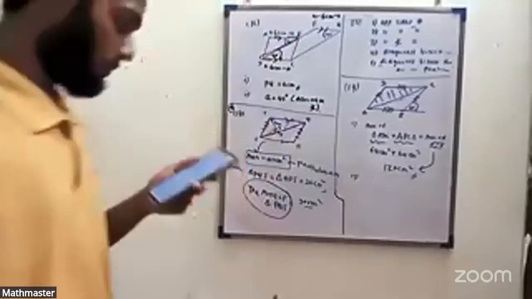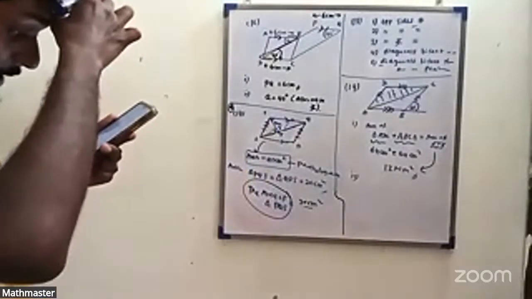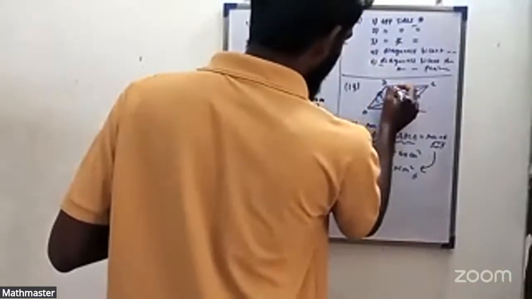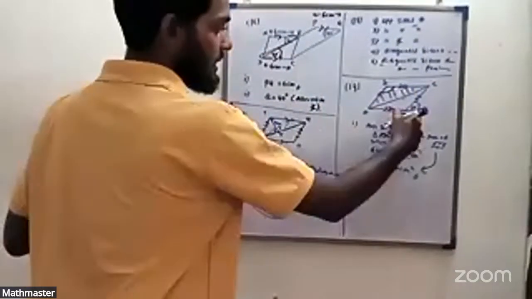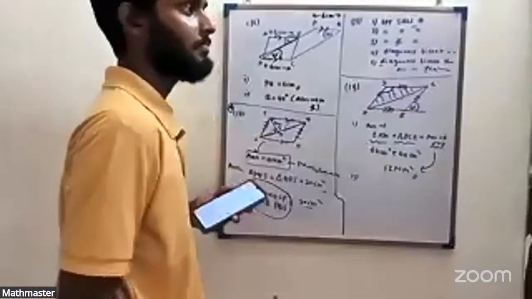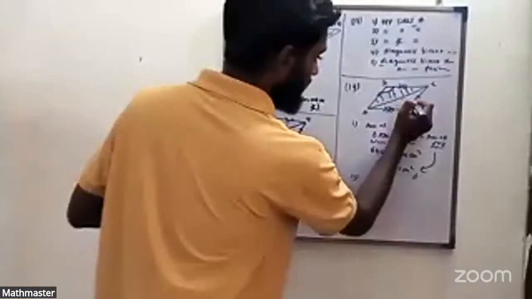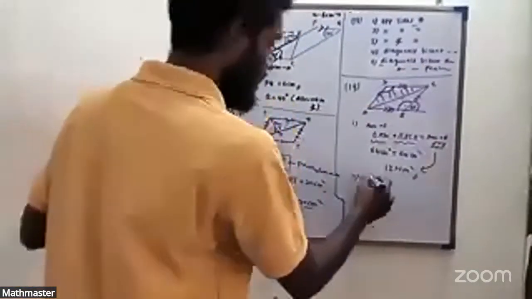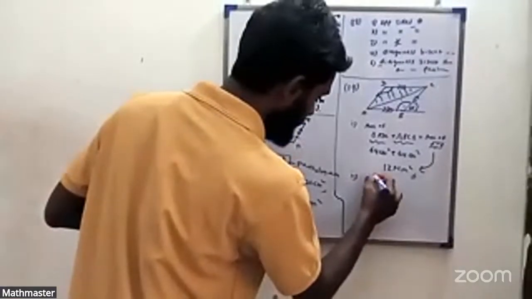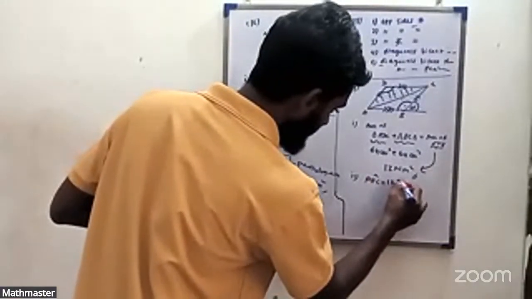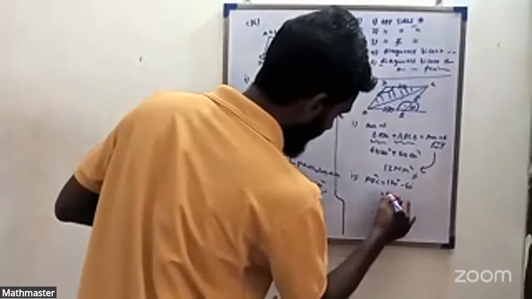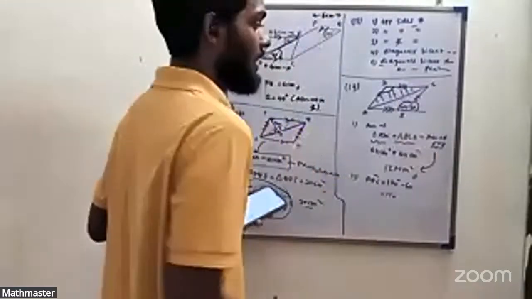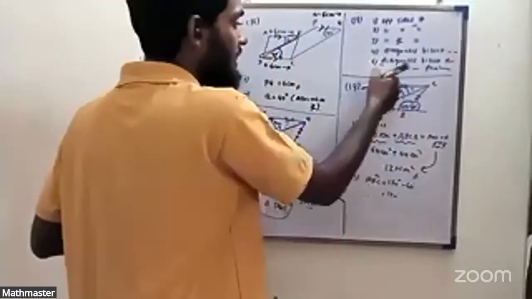Roman number 2. Find the value of angle ADC. Easy. Here 60 means what happens to ABC? ABC should be 180 minus 60, that is 120. Here 120 means what about ADC?